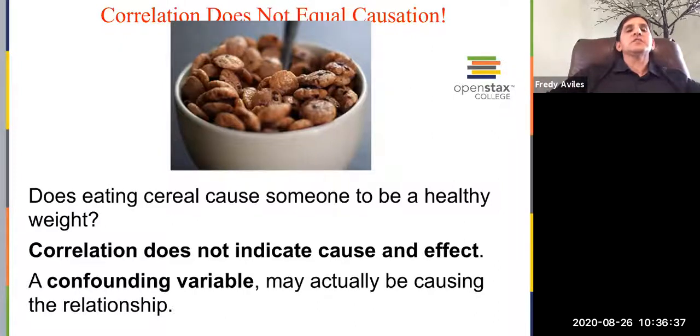That's what's actually causing the shorter lifespan, not the weight itself. So the point is that correlation tells us that two things are related, but they don't necessarily cause each other. They might or they might not, okay? Correlation does not equal causation, okay? In order to determine that something causes another, we need an experiment. Simply determining that two things are related does not tell us that they cause each other.